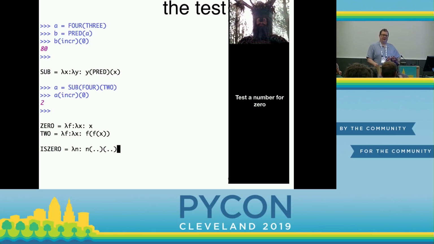Do you have a question on that? Yeah. So keep in mind, numbers always have these 2 inputs: there's always an f and there's always an x. If n is a number, then it's a function that has these 2 inputs, an f and an x. How would I make that return true if n is 0?